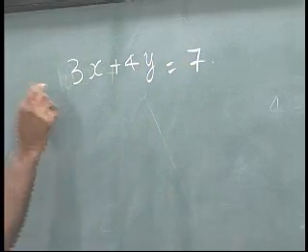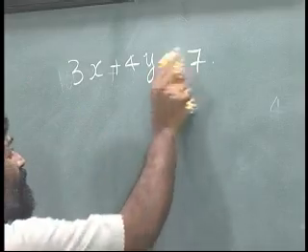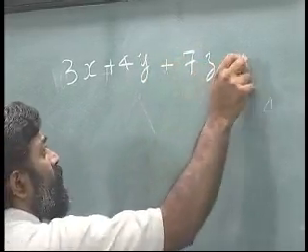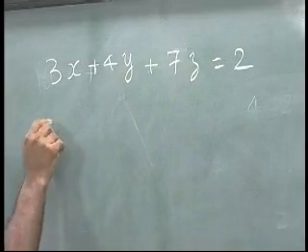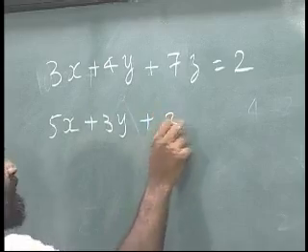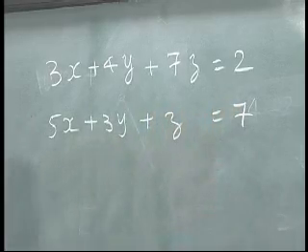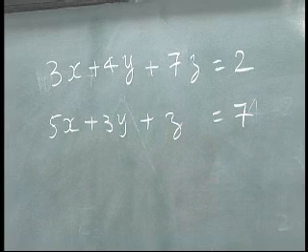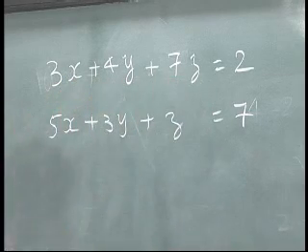Let me add one more, plus 7z equal to 2, 5x plus 3y plus z equals 7. Let us say I have these two sets of equations. Let us say unknowns are x, y and z.